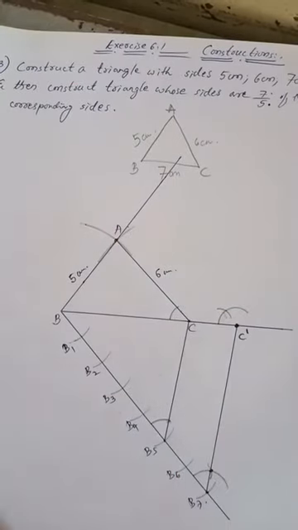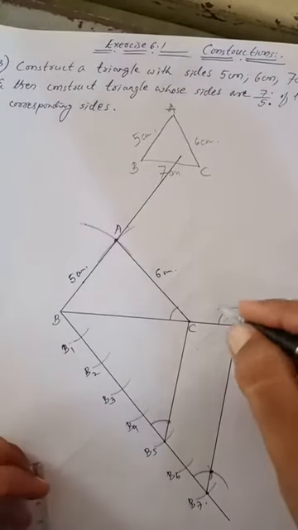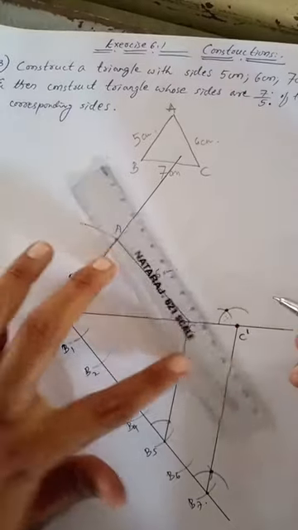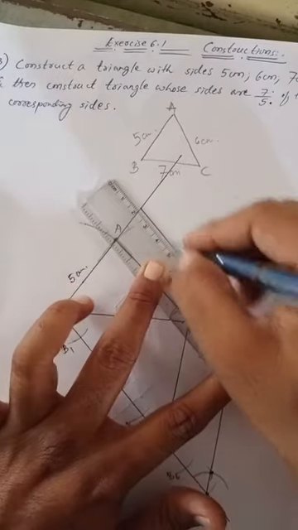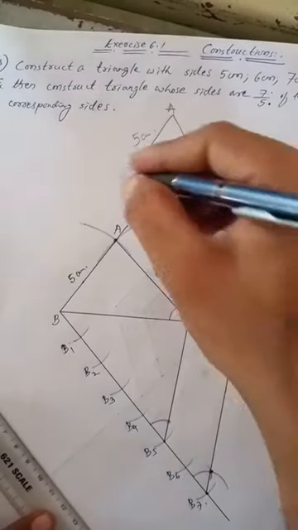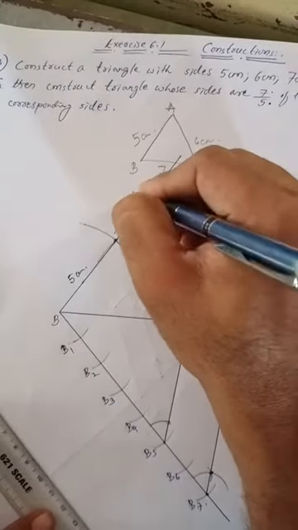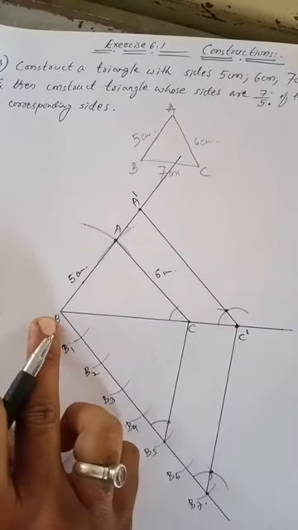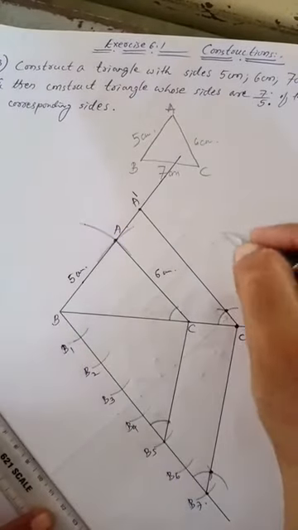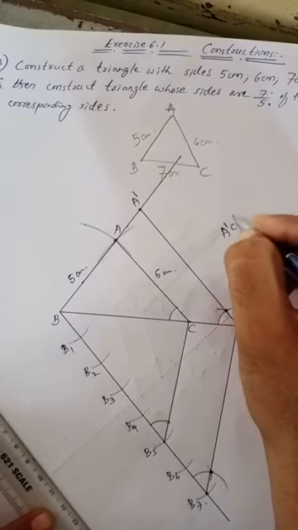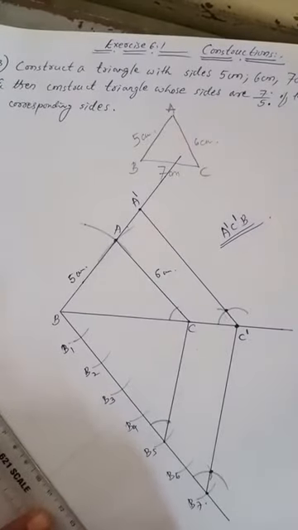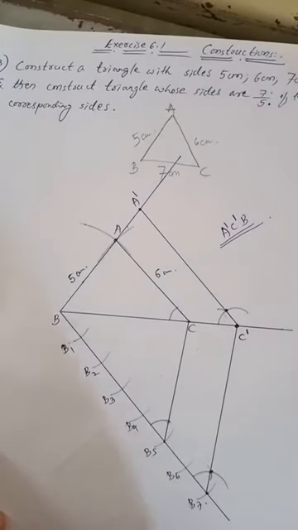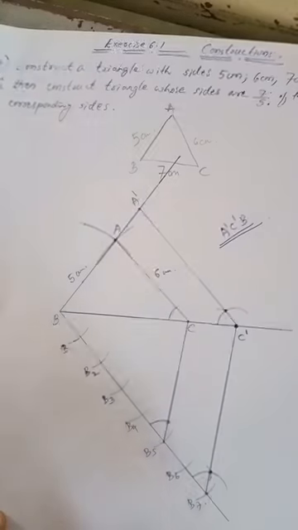Then from C dash and this point join a straight line. Yes, so this is the new triangle, that is A dash, C dash and B. This is our required new triangle. So this is the procedure for whenever the numerator is bigger than the denominator.